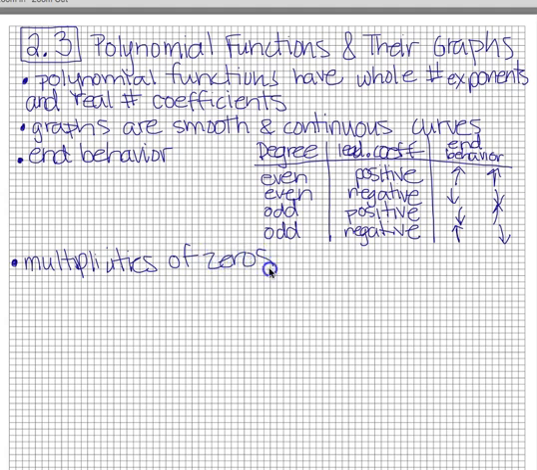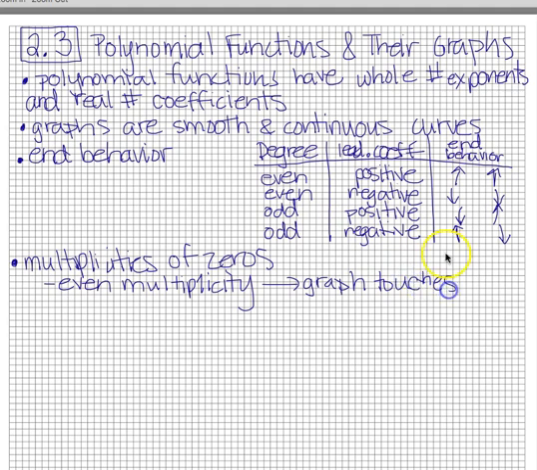Multiplicity of a zero means when you have zeros that occur more than once. So there are multiple of the same zero. Remember that zeros are the same as the x-coordinates of the x-intercepts. If a zero has even multiplicity, that means that at that particular zero, the graph does what we call touches.